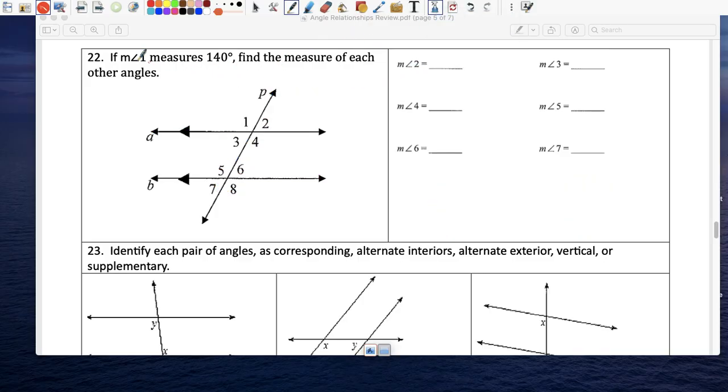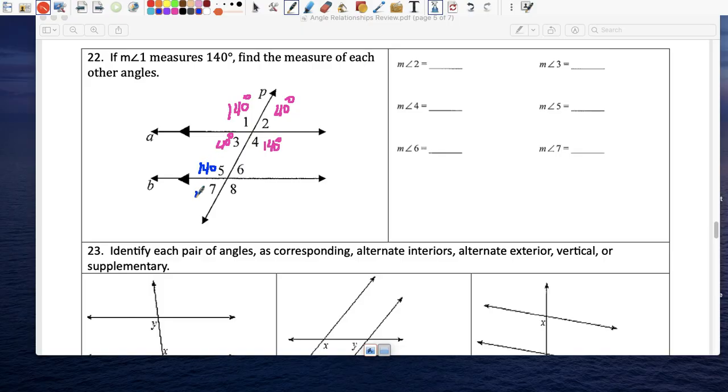So if angle 1 measures 140, let's just fill this in. That is 140. Guess what? Angle 4 is 140. And if we know that, then we know what angle 2 and 3 is. What's angle 2? Angle 2 is going to be 180 minus 140 because angle 2 and angle 1 are supplementary. So angle 2 is 40, which makes angle 3 40. Now the bottom angles here have the same values.